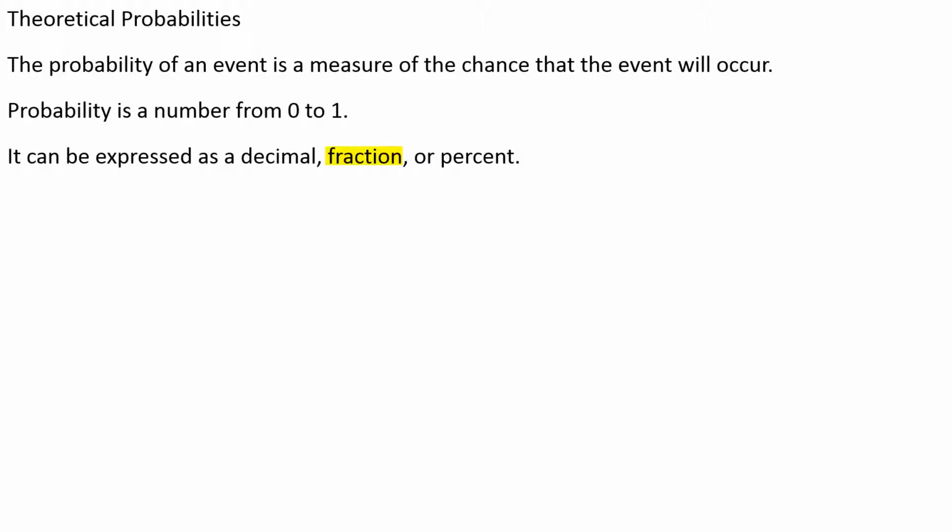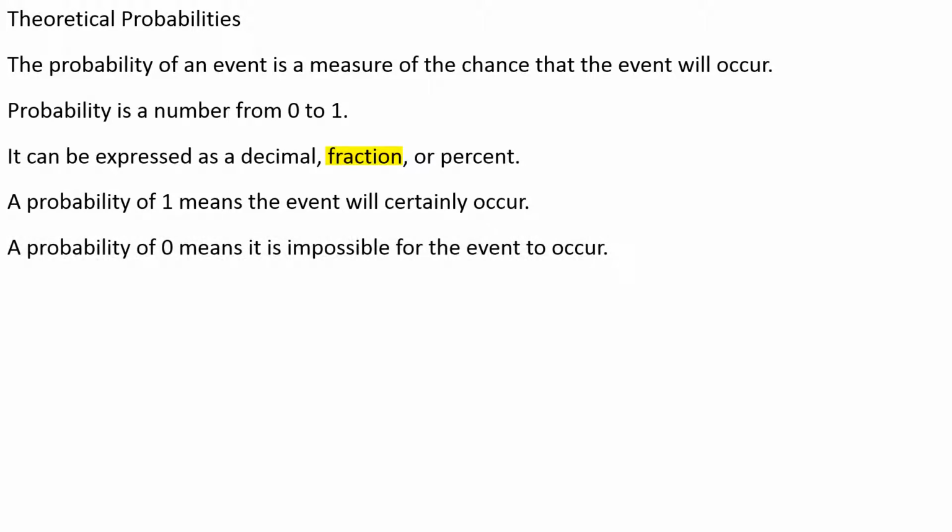In a moment, I'll show you why fractions are sometimes a little more clean to use than decimals or percents. One means it's going to happen. 0 means it will not happen. It's impossible.